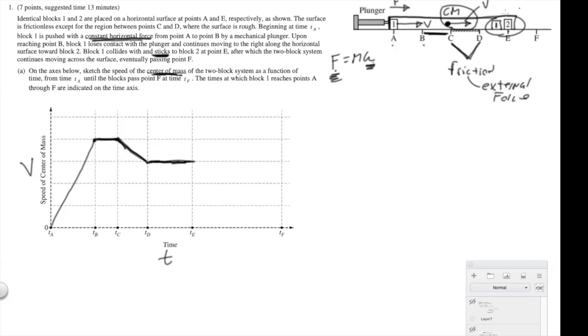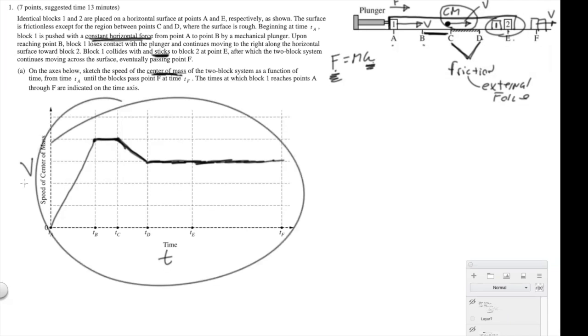It's not a force coming in from the outside acting on the system. So what that means is the velocity of the center of mass does not change, and it just keeps going like that. So 1 and 2 stick together, and they move off with the same velocity that the center of mass had between points D and E. So that's the graph for part A.